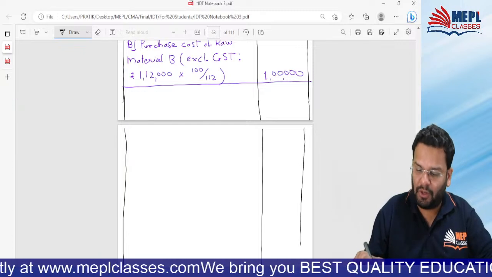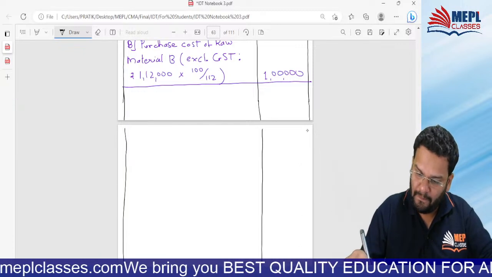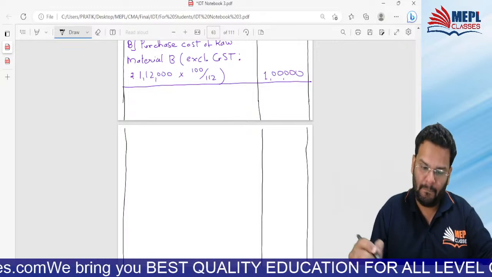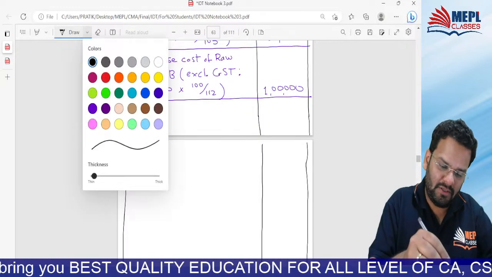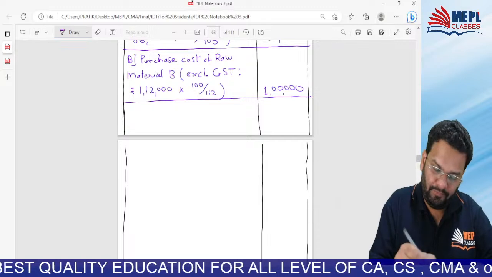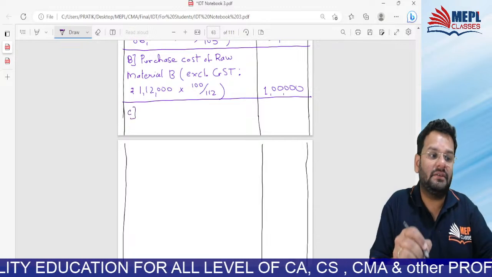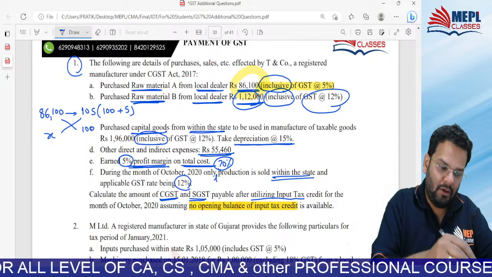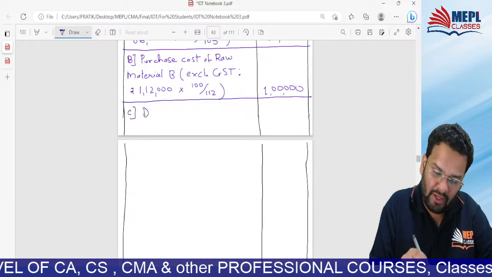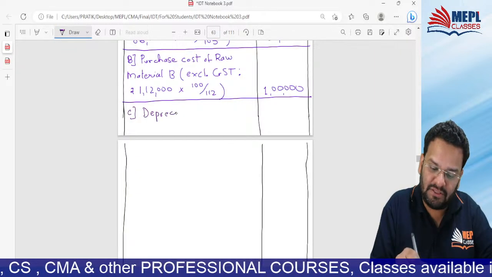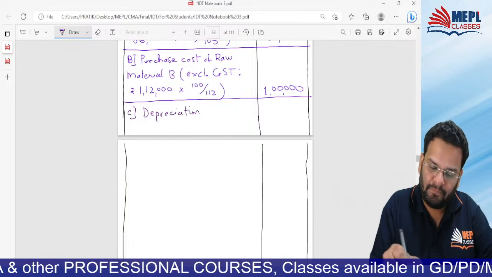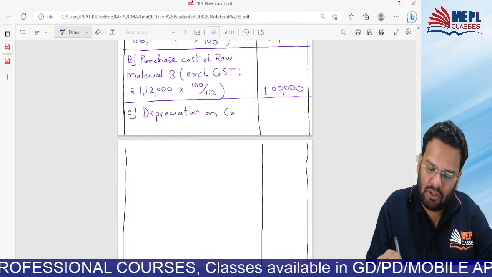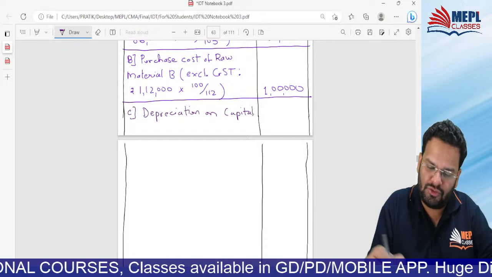What is C point? C point is there is capital goods also purchased. But on capital goods, you can only take depreciation. Depreciation on capital goods.